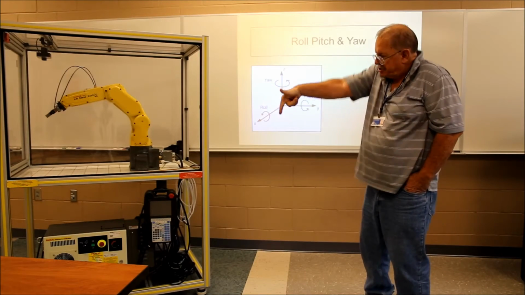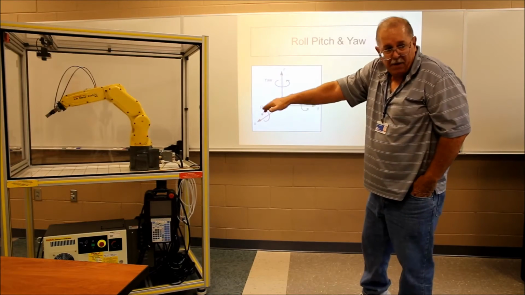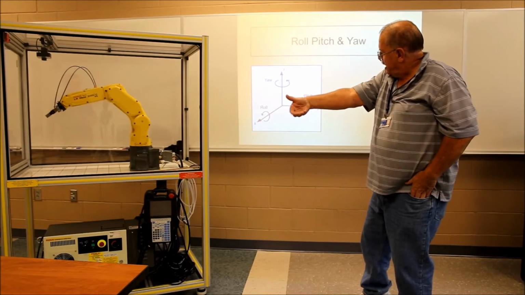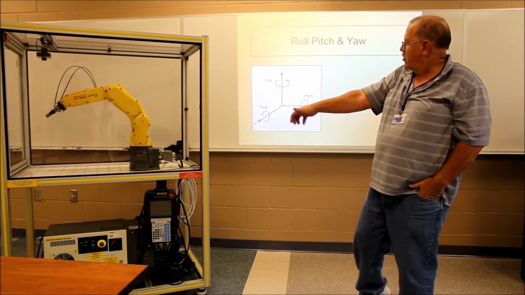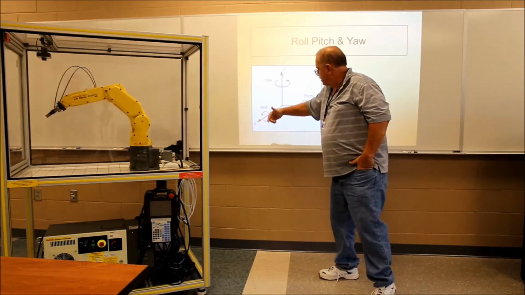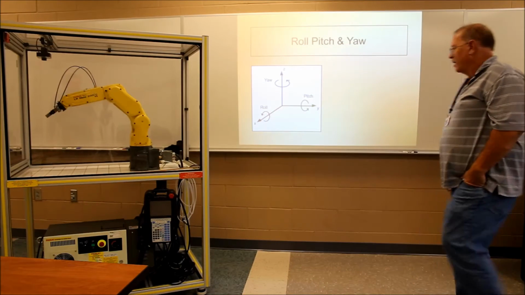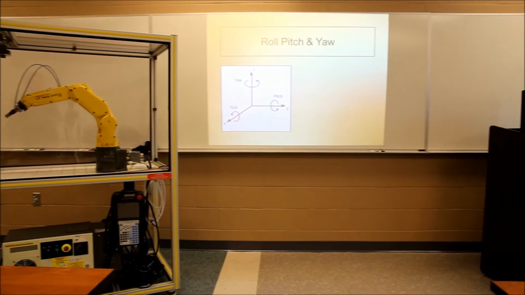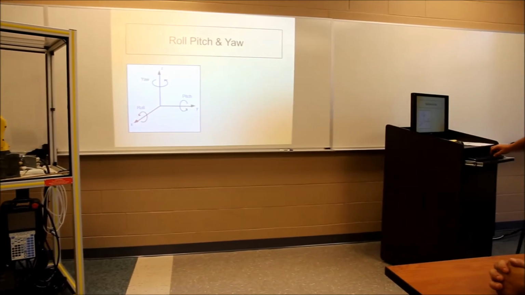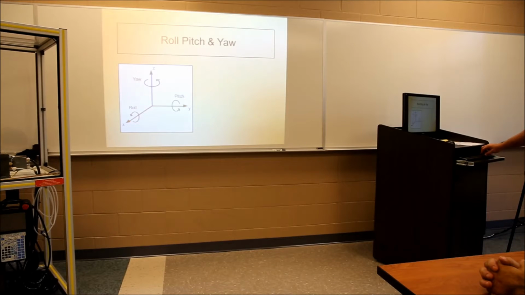For X, I would turn my hand this way, and my thumb would be going in a positive X. Easy enough to remember. The hard part is sometimes doing the gymnastics to get your hand in the proper position.